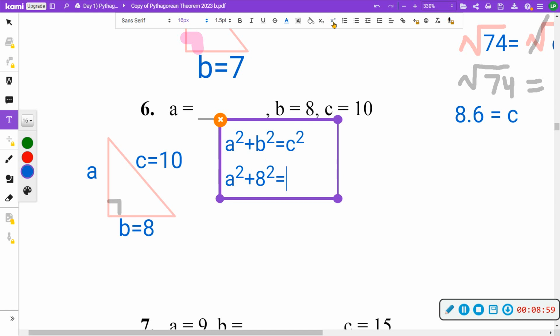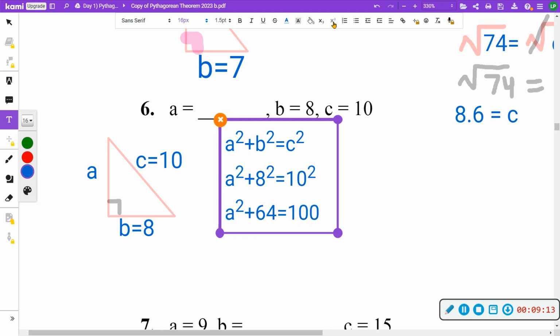And I know the C. Again, don't know the A. 8 squared is 64. 10 squared is 100. And now what I'm going to do is I'm going to actually subtract 64 from both sides.